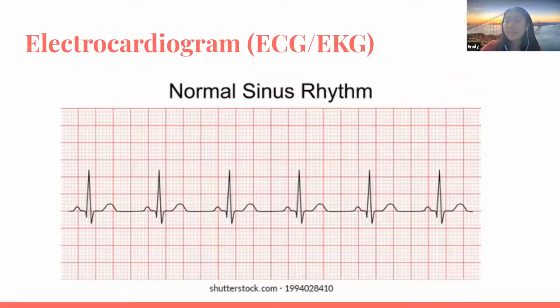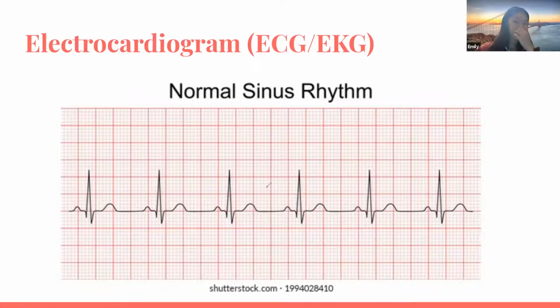So one common thing used to give information about how your heart is doing, and it's a very common vital sign used by doctors when they're trying to diagnose what you have or just make sure in general you're doing okay, is the ECG or the EKG, which is essentially the measure of the electrical signals in your heart that make up your heartbeat.